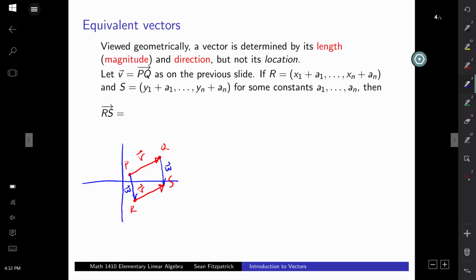However I change the tail, I must change the tip by the same amount, or else I'm going to affect either the magnitude or the direction. If I lower the tail but I don't lower the tip, I'm going to end up rotating that vector.